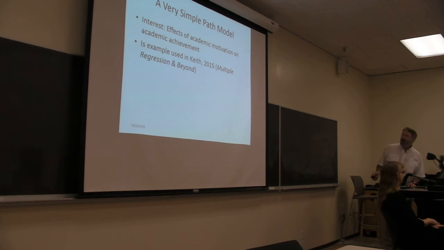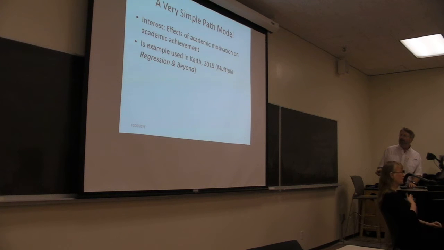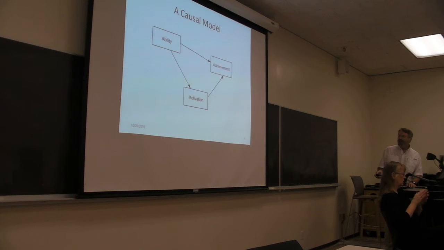So we start out with a model. As I just said, my interest is the effects of academic motivation on academic achievement. I show that in this diagram by having academic motivation influence achievement, and we signify the influence by an arrow.